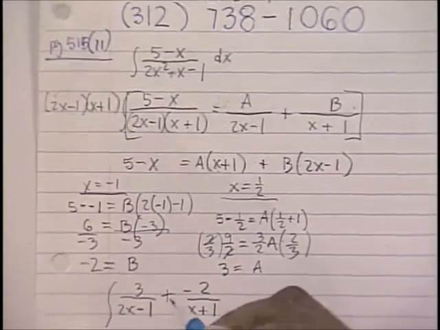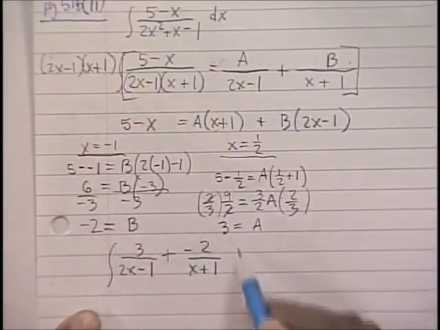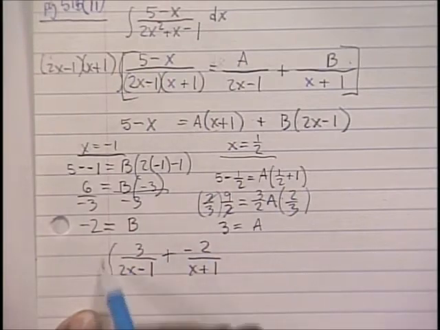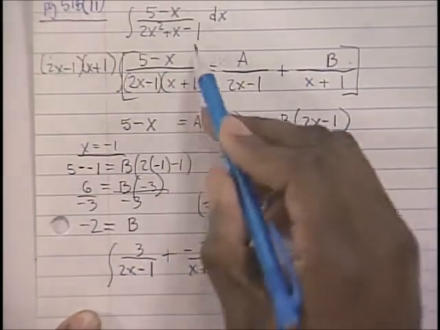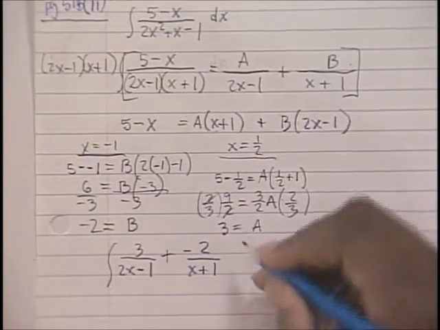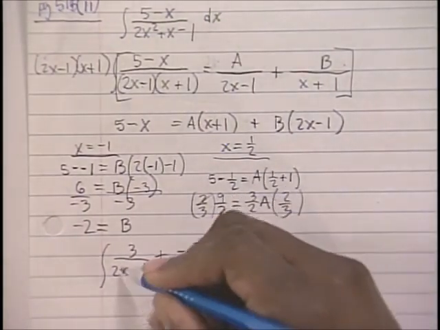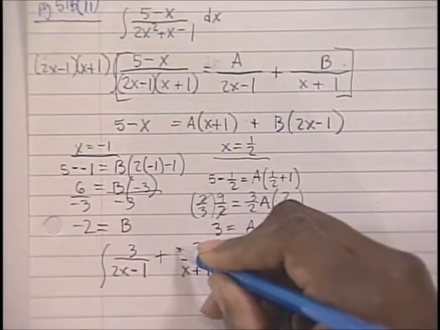And now you're taking the antiderivative of this. This is much easier. It's much easier to take the antiderivative of this versus what we had initially. All right, so now we're going to take the antiderivative of these individually.